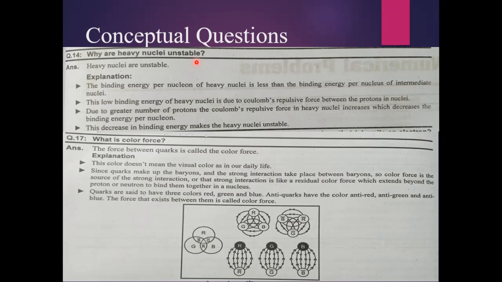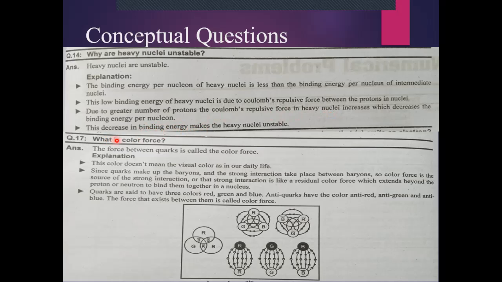This low binding energy of the heavy nuclei is due to the Coulomb repulsive force between the protons within the nucleus. So, due to the greater number of protons, the Coulomb repulsive forces in heavy nuclei increase, which decreases the binding energy per nucleon. This decrease in the binding energy makes the heavy nuclei unstable.